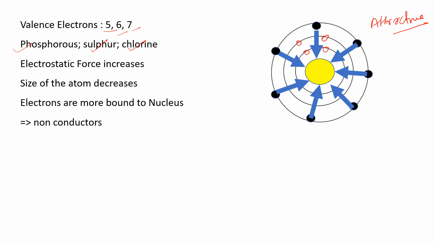So due to that, attractive force becomes more dominant, and due to this our size of the atom decreases. As you have learned in your chemistry 12th standard, the size of the atom decreases as you go along the period. Your atom size decreases due to the attractive forces becoming more dominant.